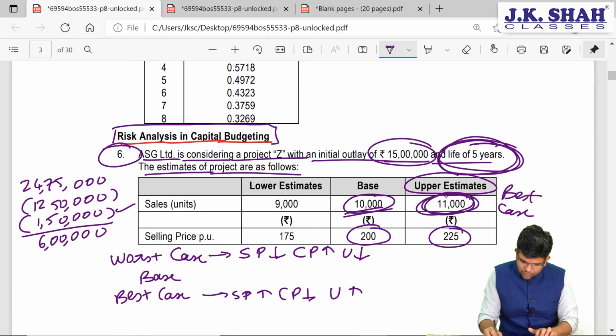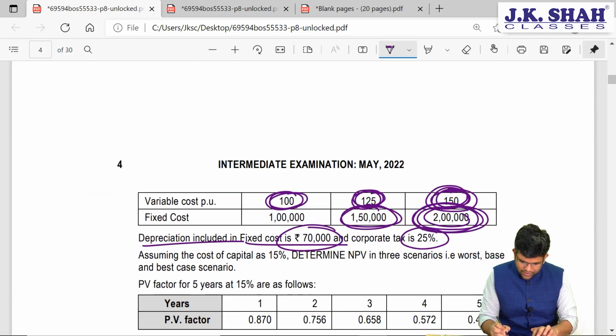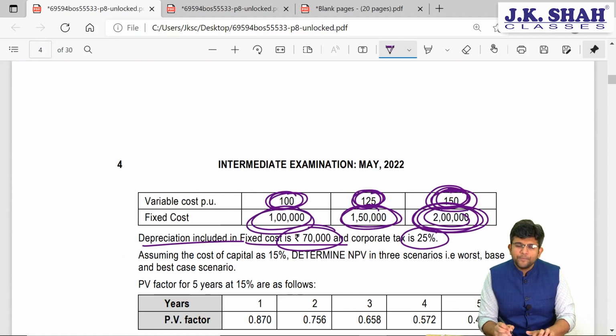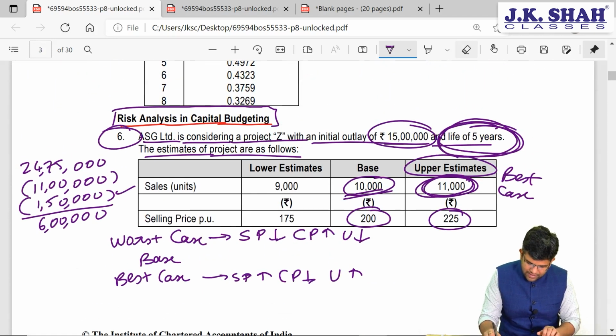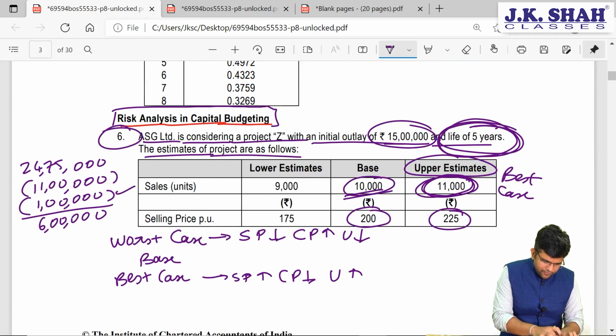So 11,000 units into 100 per unit will give you 11 lakh rupees as the variable cost, and lowest fixed cost of rupees 1 lakh. So 24,75,000 minus 11 lakh minus 1 lakh.